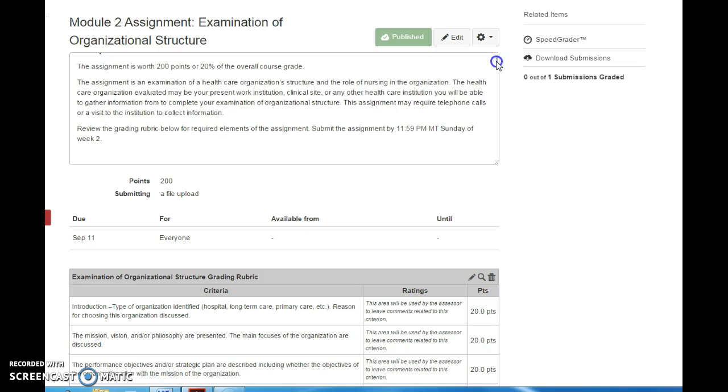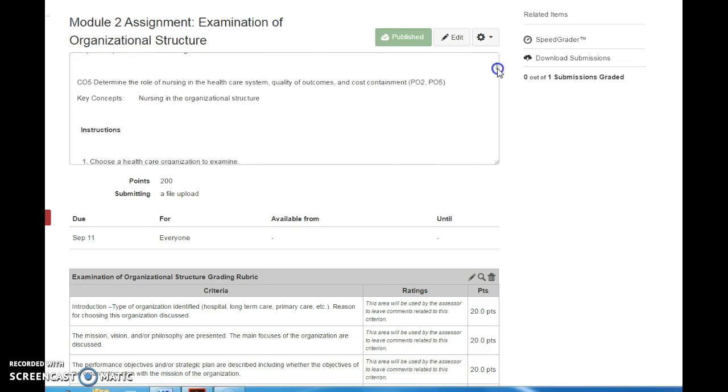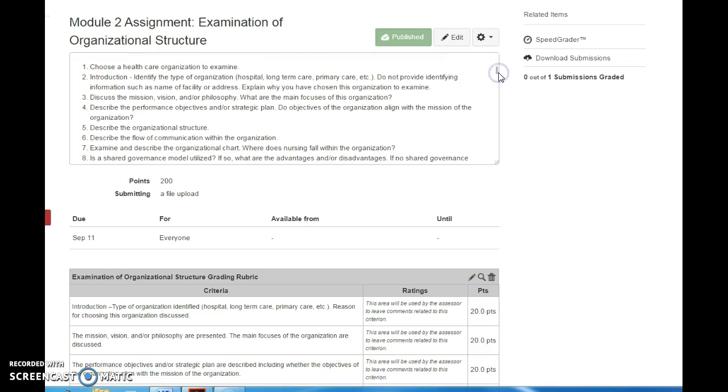So what you need to do is first choose a healthcare organization. And some of you, this might be easier because you work someplace. If you do not work in another place, I would suggest that you Google a local healthcare community.